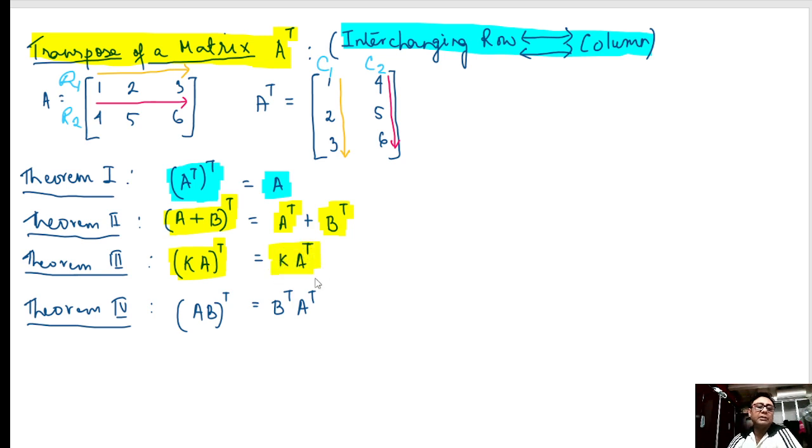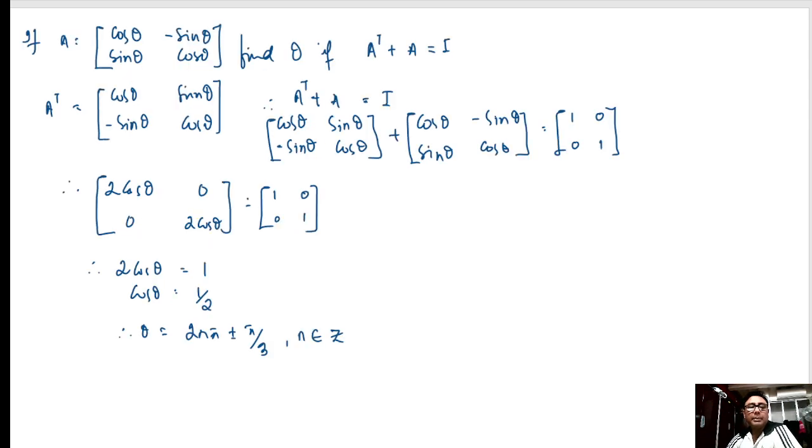Similarly, (AB) transpose is a very important thing, mind it, it is actually B transpose into A transpose. It is not A transpose into B transpose, it will be B transpose into A transpose. Clear? So let's move ahead knowing this.